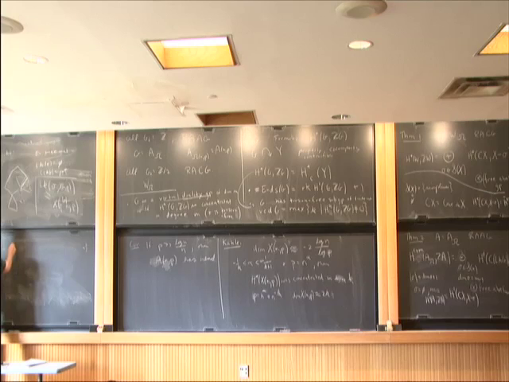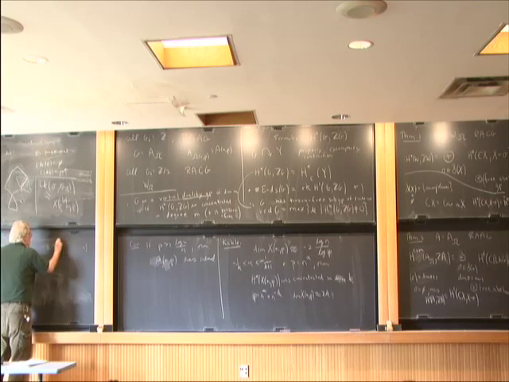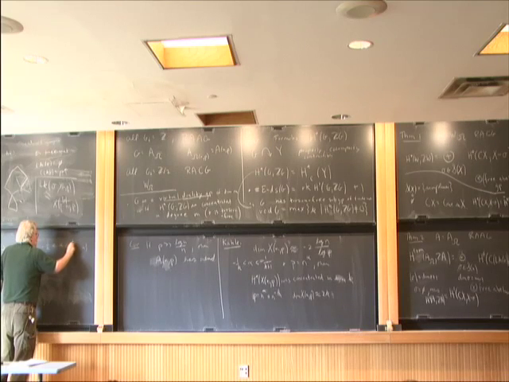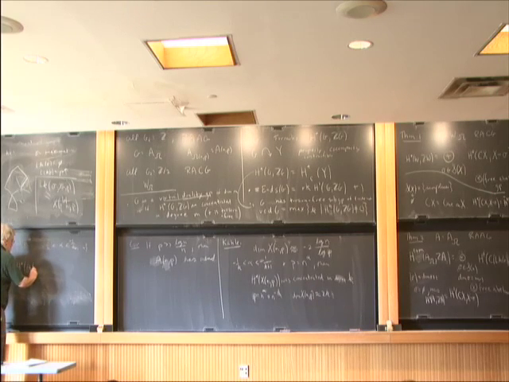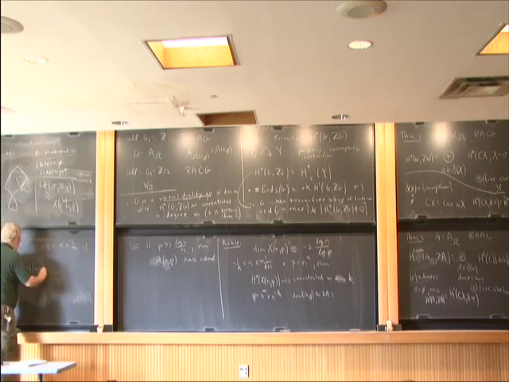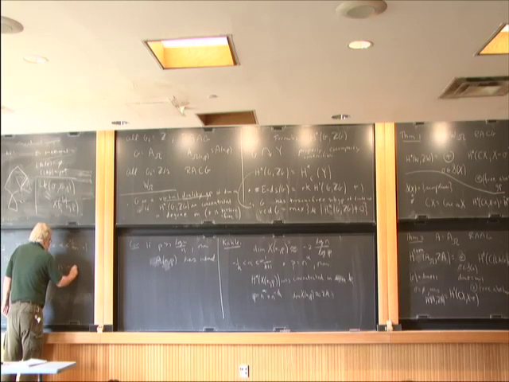So if p is n to the alpha, where alpha is between minus 1 over k and 1, then I'd like to say that the cohomology of the random Artin group is concentrated in degrees between k and 2k.